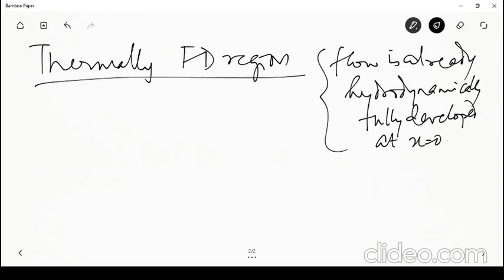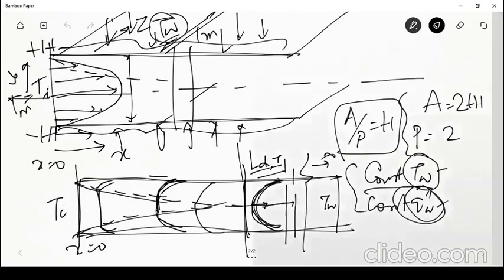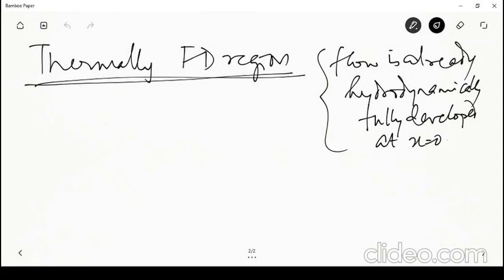So even before the thermal boundary layer begins, the flow is hydrodynamically fully developed. Now let us look at the thermally fully developed region, that is, a region after this L_DT. We take a small section in this region and try to understand the energy balance of that region.